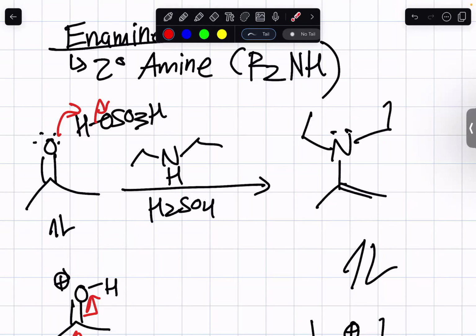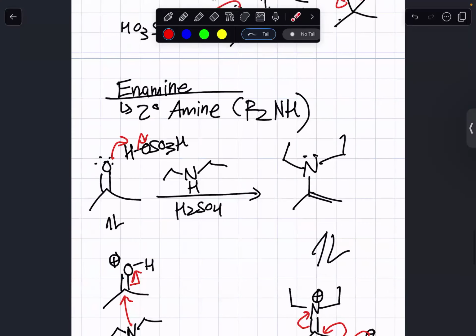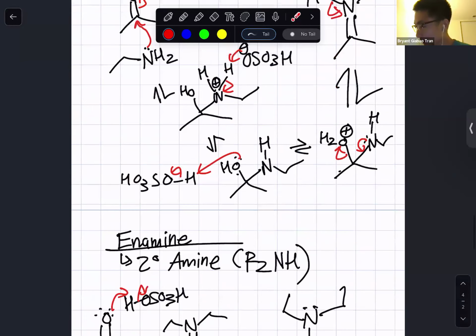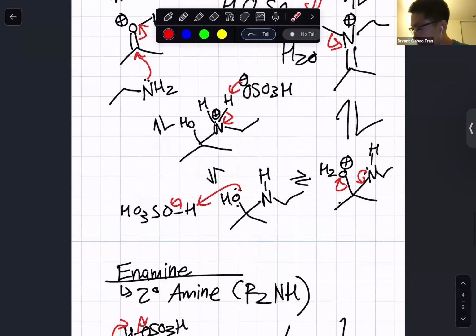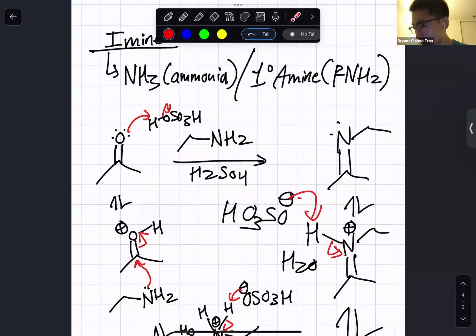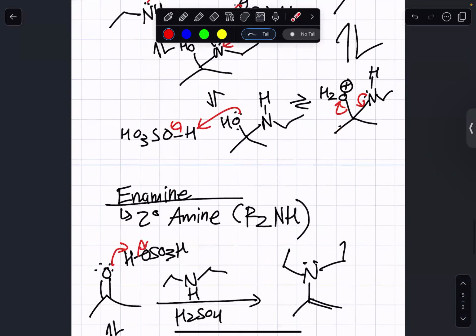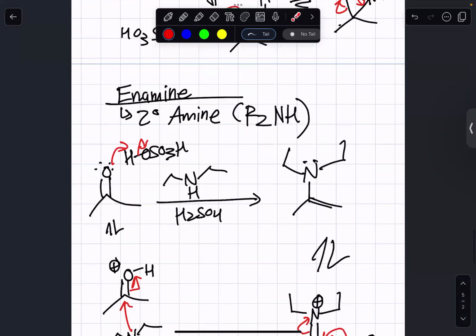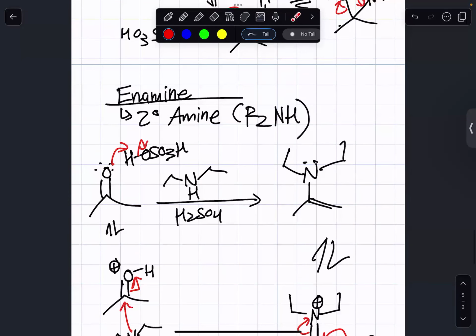Wait, Brian, I have a question. Is there any way you could reverse the enamine or imine back to a carbonyl? Yeah, there is. All of these steps are reversible. Is there a certain reagent, or is it just H2SO4 and H2O?